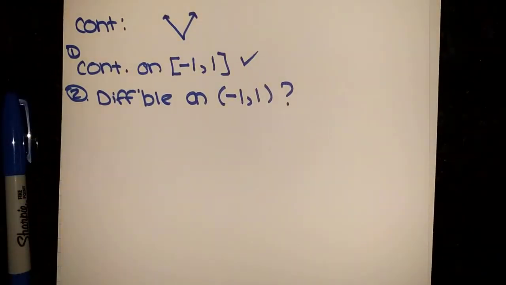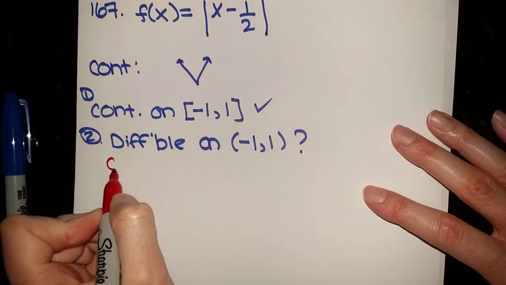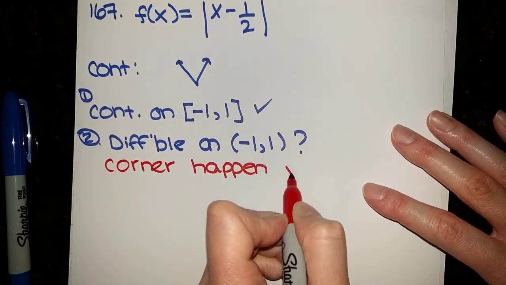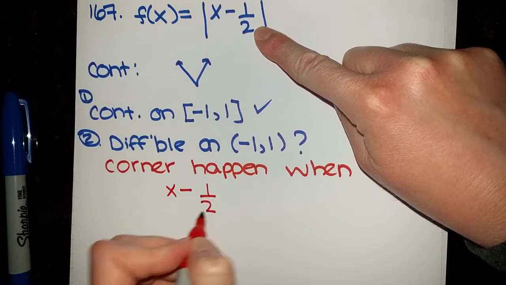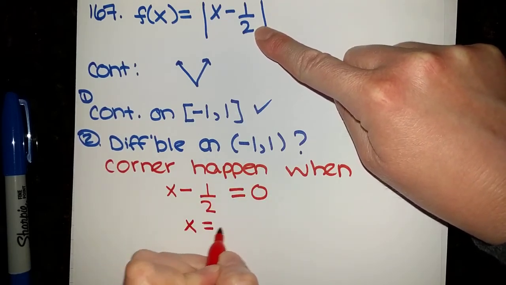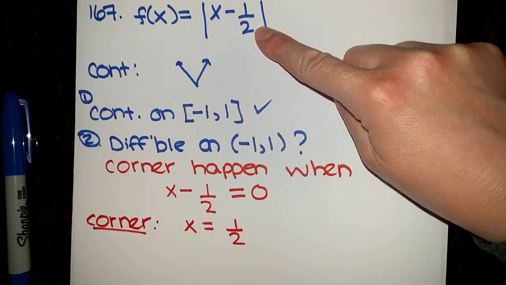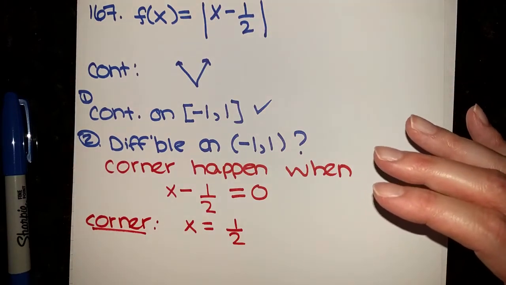In question 167, we have an absolute value, and that is very concerning because the corner will happen when whatever is inside this absolute value, namely x minus 1/2, is equal to 0. If I solve, I get that the corner happens at x is equal to 1/2. Now, that may or may not be a problem depending on what type of interval you have.